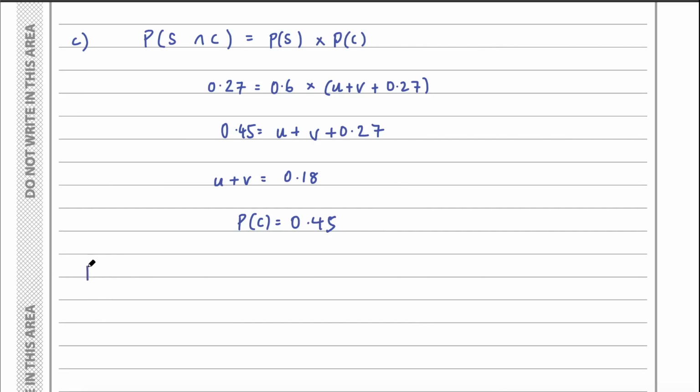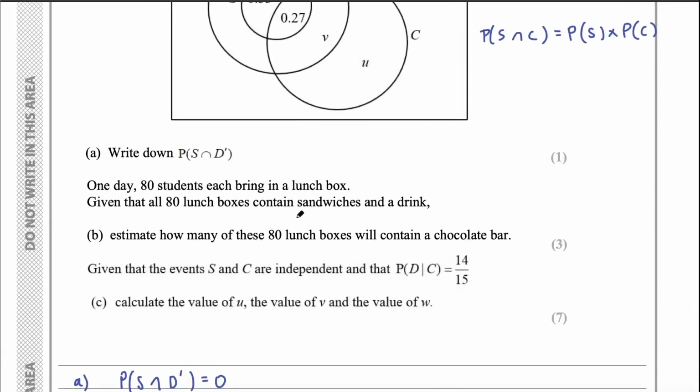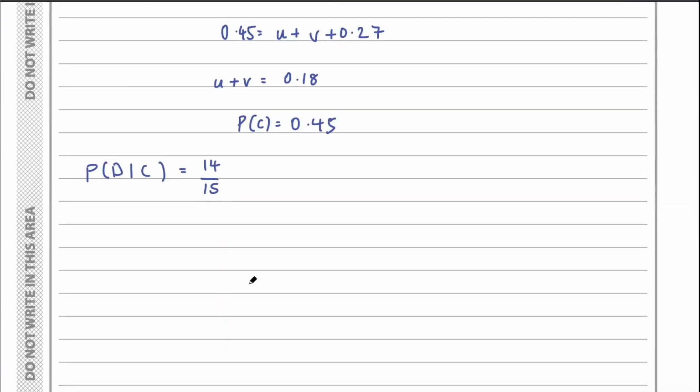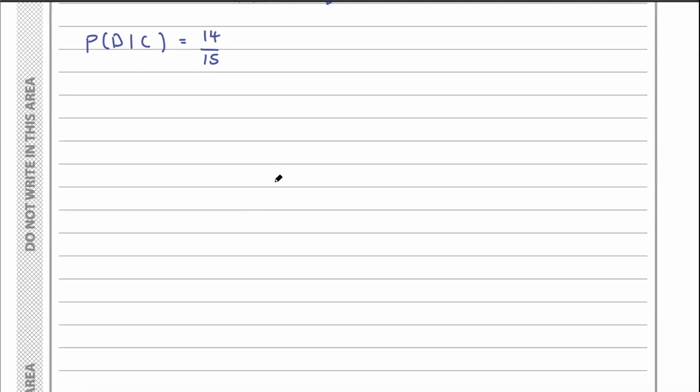We're told that the conditional probability of a drink given a chocolate bar is 14 over 15. So just going to double check. Probability of D given C is 14 over 15. Therefore, using that conditional probability formula, the probability of D intersects C over the probability of C is going to equal 14 over 15.